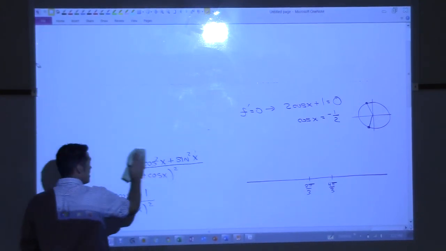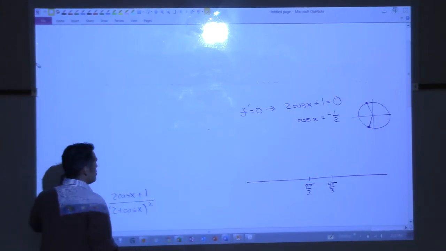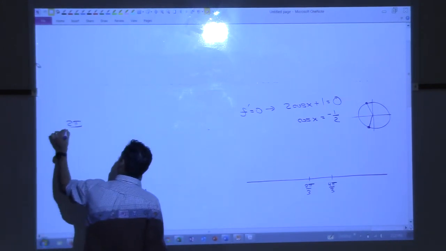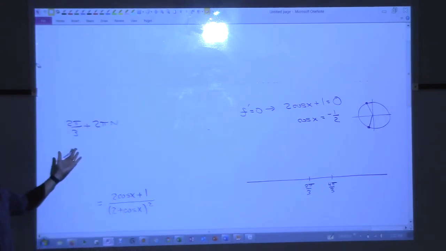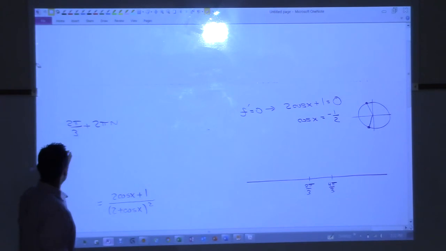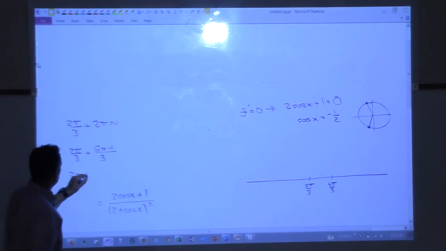There's kind of 2 ways I'd approach this if I needed to figure out more of these. One approach would be to take the formula you have and start plugging in different values for n. If n is 0, you get 2 pi over 3. If n is 1, you get a different answer. But before you start plugging in values, get a common denominator first. So you have 2 pi plus 6 pi n over 3.